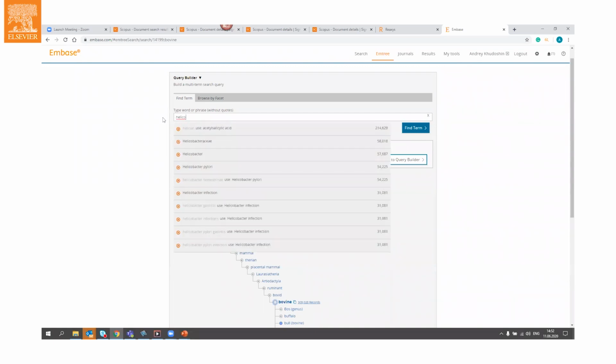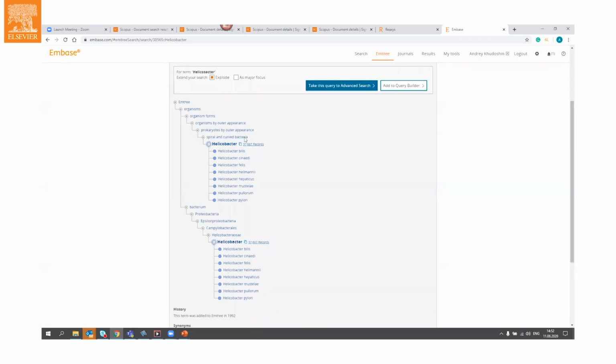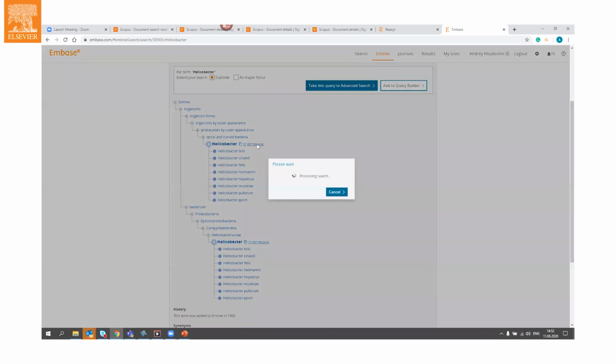If we come back to bacterial disorders, we can find Helicobacter, and you see that it's on different branches. From one side, it's spiral and curved bacteria, but from the other side, it belongs to Helicobacteriaceae. So it's the bacteria by itself.